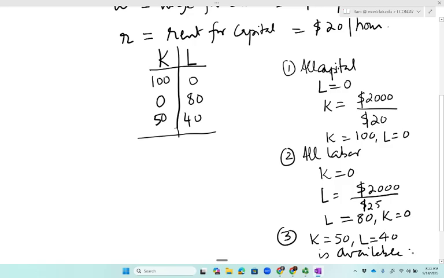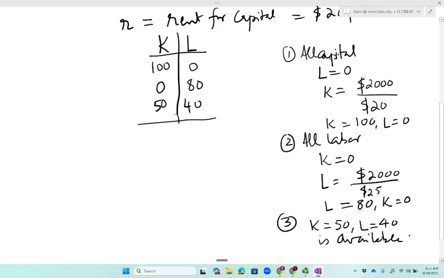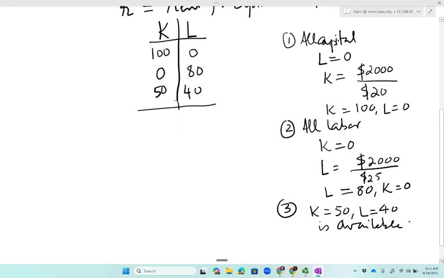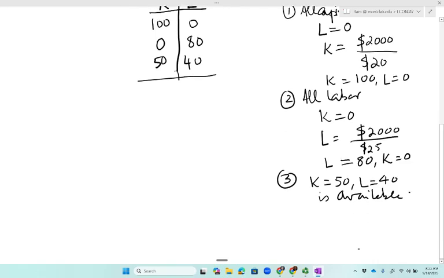But we have given this table enough information to be able to draw something similar to what we call the budget line, but here we will call it Isocost line. These are all capital labor combinations which the firm is able to employ given the wage and the rent and the expenditure amount available.